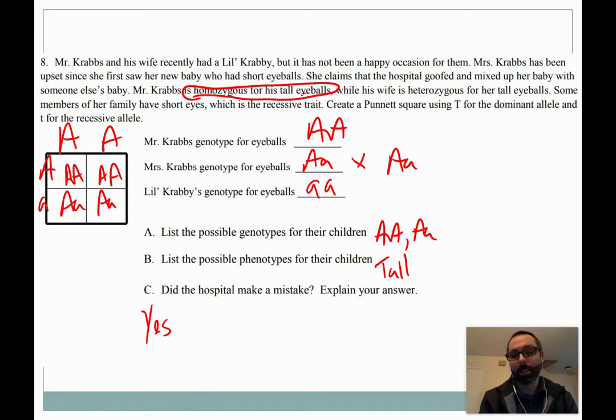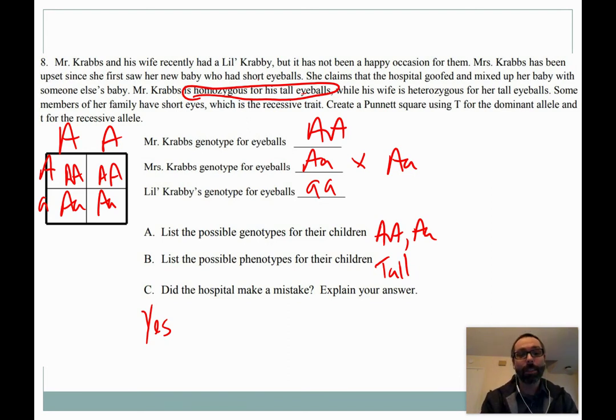Mr. Krabs couldn't have given a big A, but maybe, I don't know who else is in the SpongeBob world that would possibly be the father, but these things do happen, right? And so in the end, that kid could not be the offspring of both Mr. and Mrs. Krabs, although it could still be Mrs. Krabs, right? But the innocent way of thinking of it is that the hospital made a mistake.